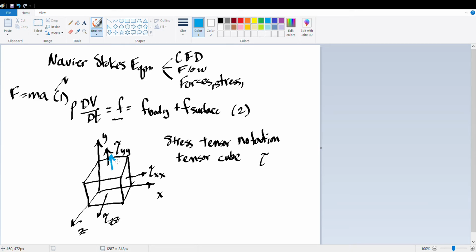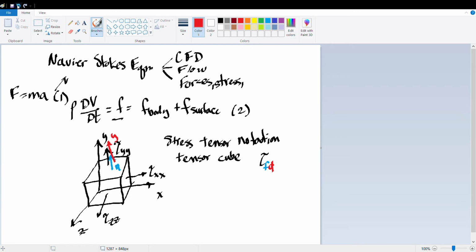This is the normal, which is in the y direction. I'm just going to say this is the face that it's on, and then the next index is basically the direction. So this is on the y face in the y direction, right?